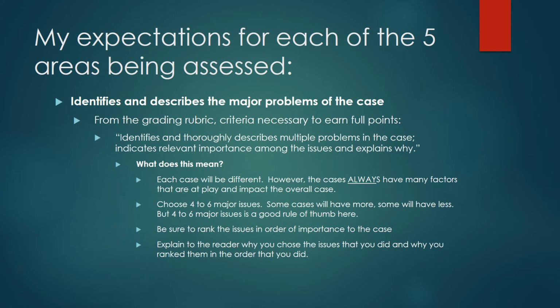Be sure to rank the issues in order of importance to the case, and then explain to the reader why you chose the issues that you did and why you rank them in the order that you did. So as you're explaining each issue, I should be able to determine that the issues are in the order of importance that you think they should be and why they're in that particular order.